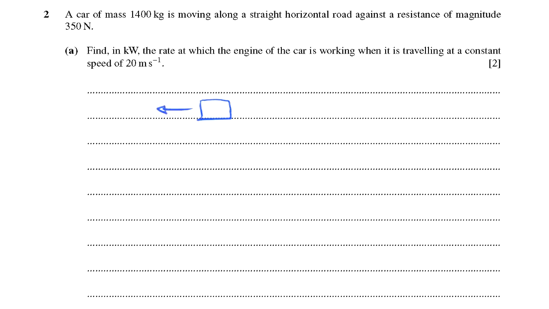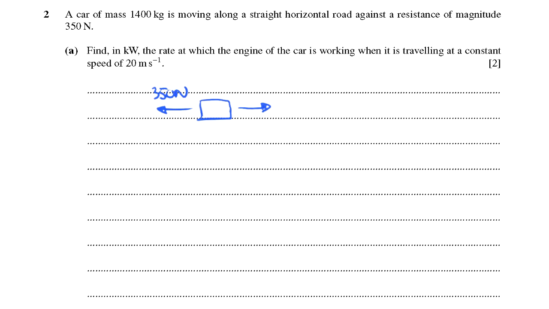We're told that there's a resistance force against the motion of 350 newtons, so my car is going right on the diagram. The driving force must therefore equal the 350 newtons, so that they cancel each other out and it travels at a constant velocity.